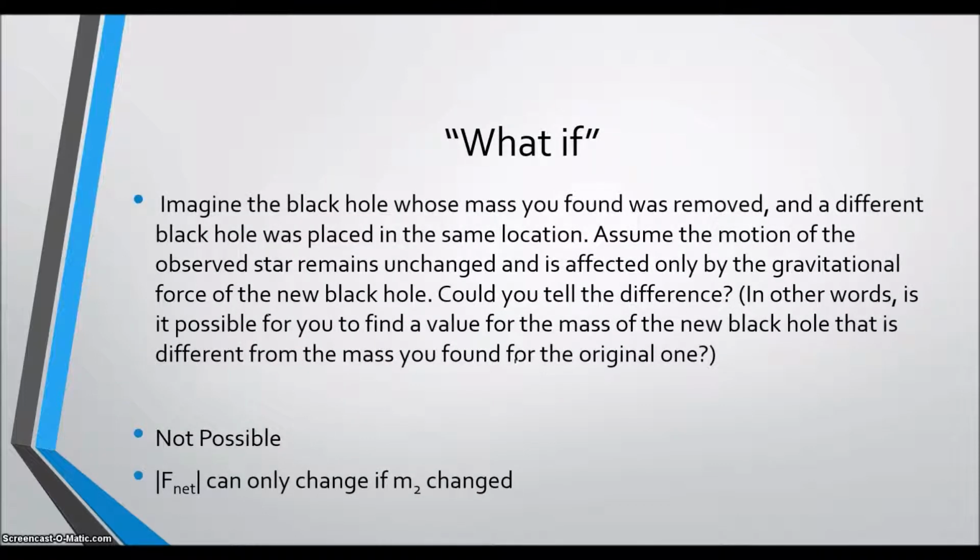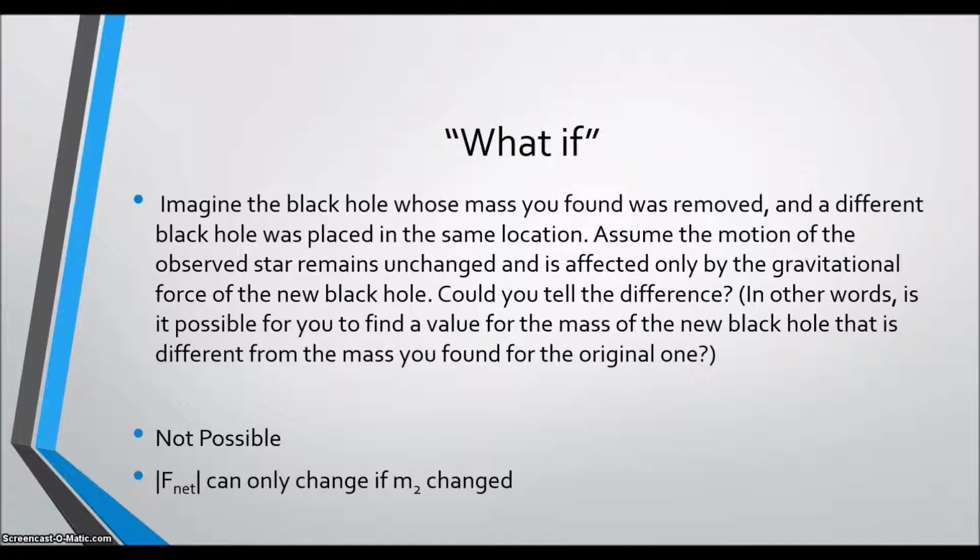Another what-if question is asked in this lab. It says, imagine the black hole whose mass you found was removed and a different black hole was placed in the same location. Assume the motion of the observed star remains unchanged and is affected only by the gravitational force of the black hole. Could you tell the difference?